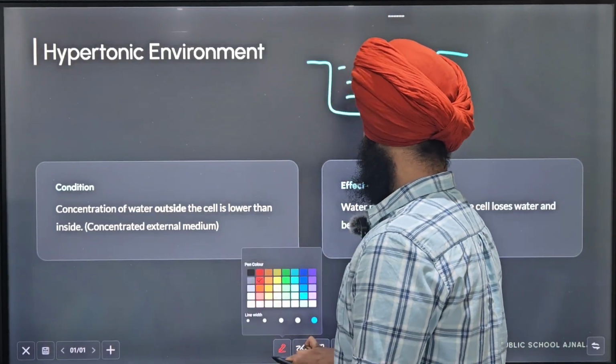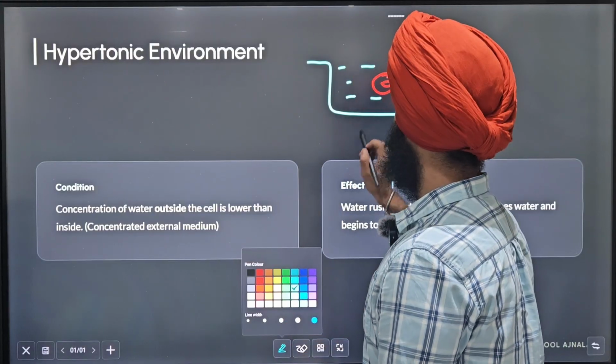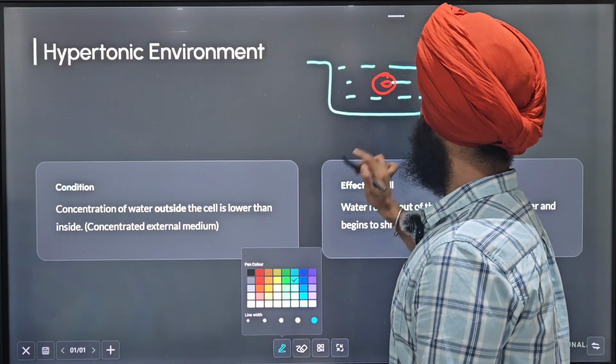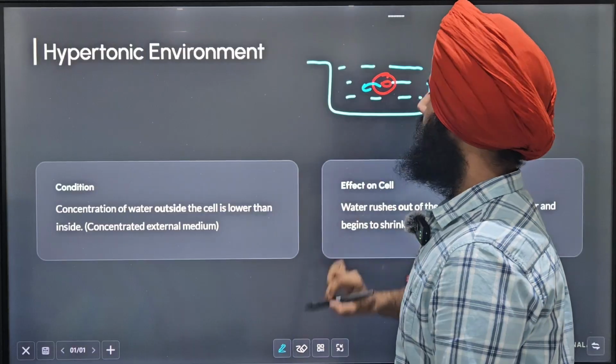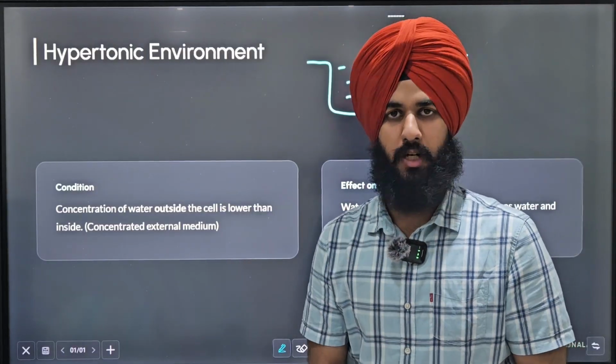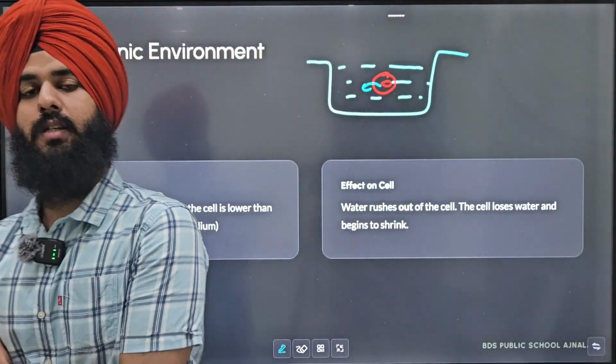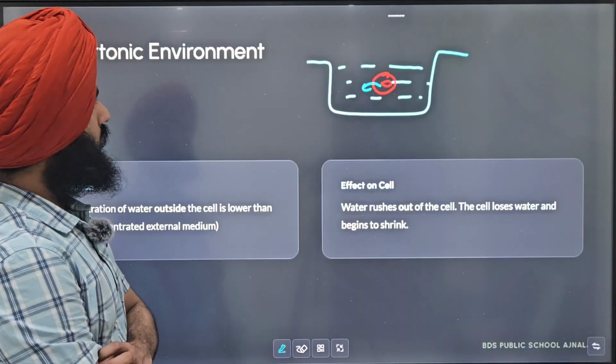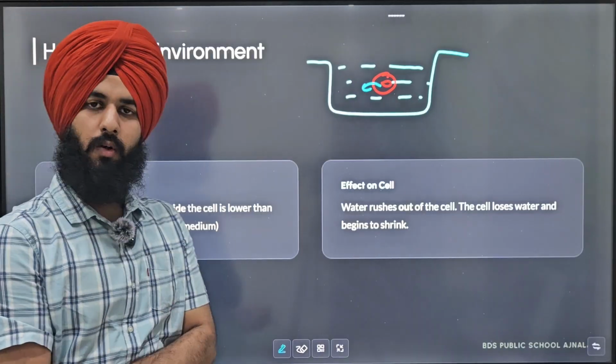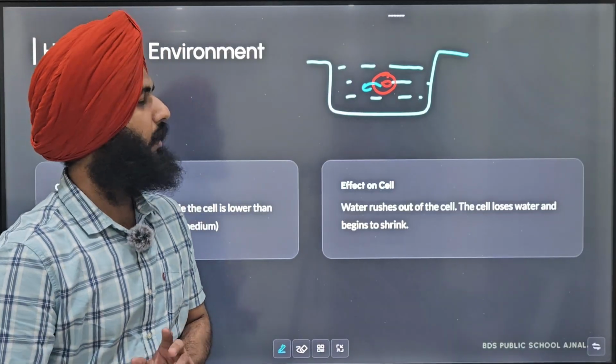In this case, the water from within the cell will start to flow outwards and the cell will shrink. So this is the movement of water and minerals from within the cell.